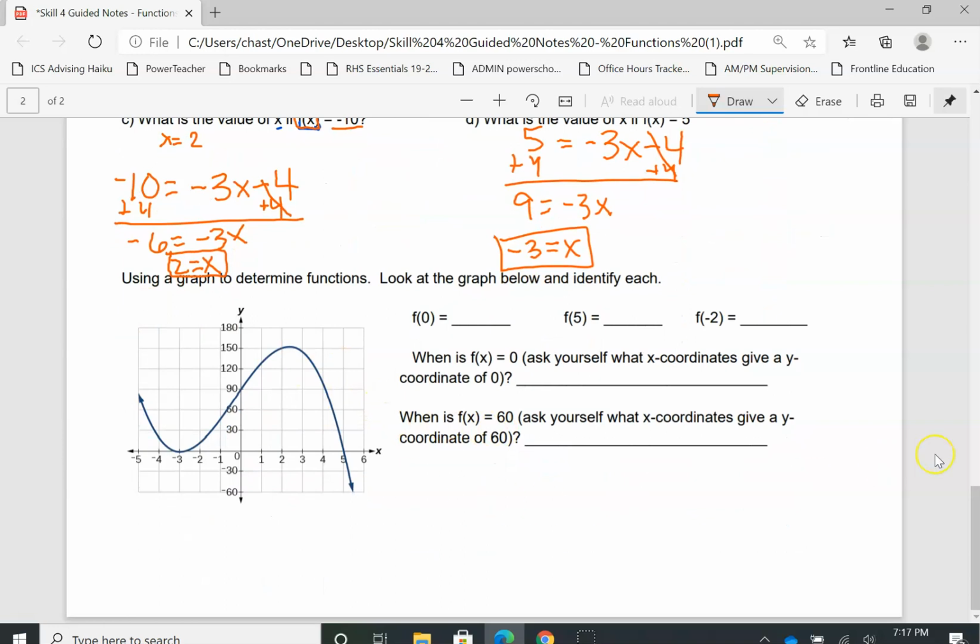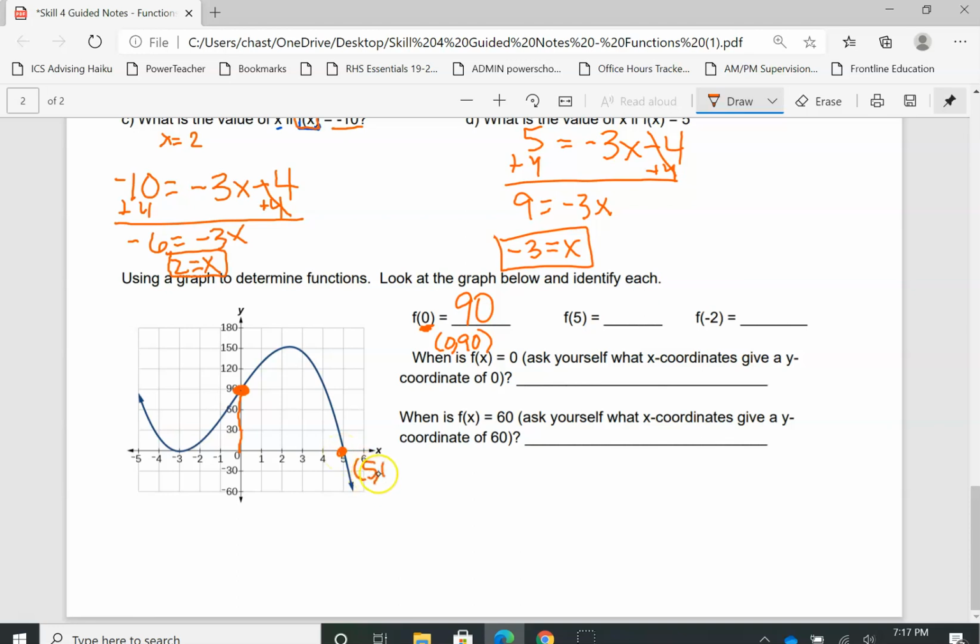Alright, last one here. This time, if we're looking at a graph, if I want to find f(0), remember this is our x-coordinate, so I look for x is 0, and I see that happens up here at 90. So we know (0, 90) is on the graph. f(5) means I go over to x equals 5, and it looks like the graph is right there.